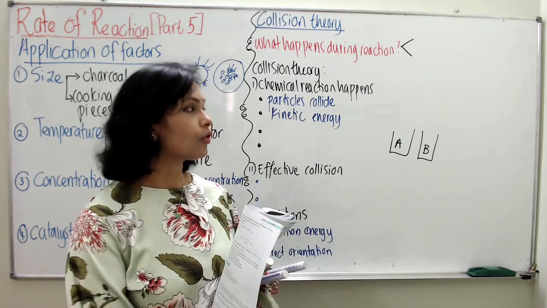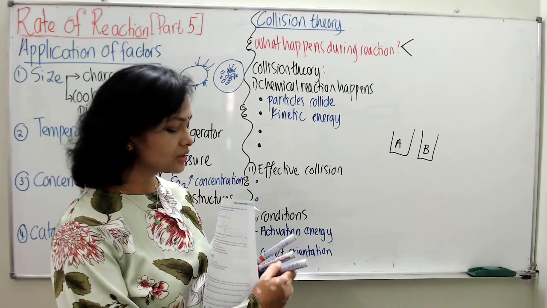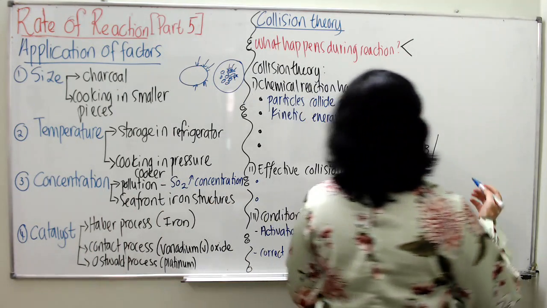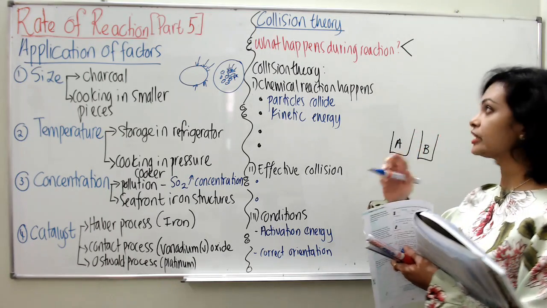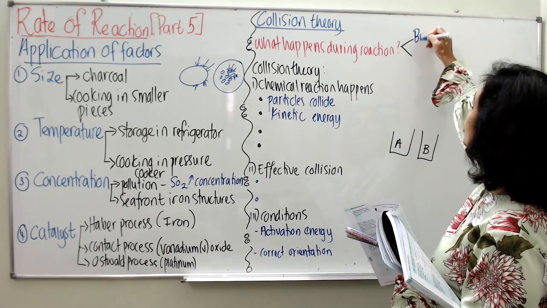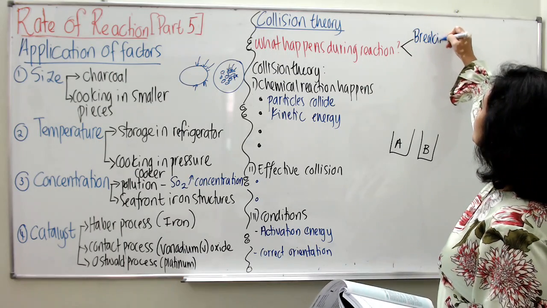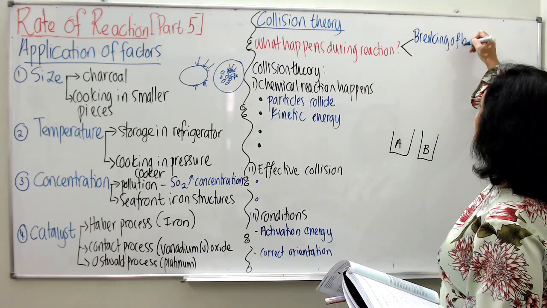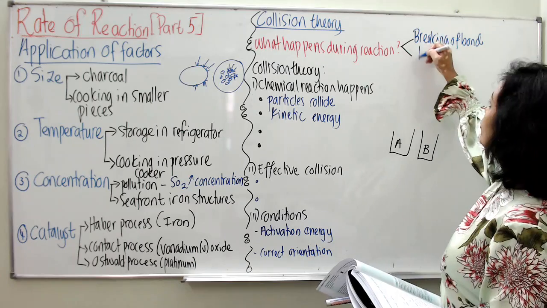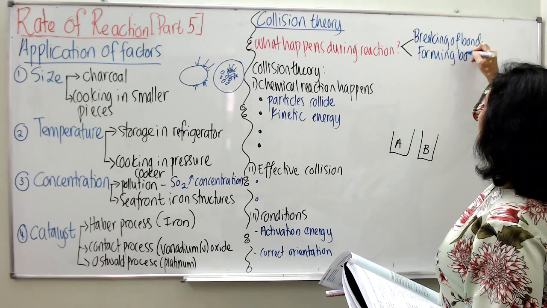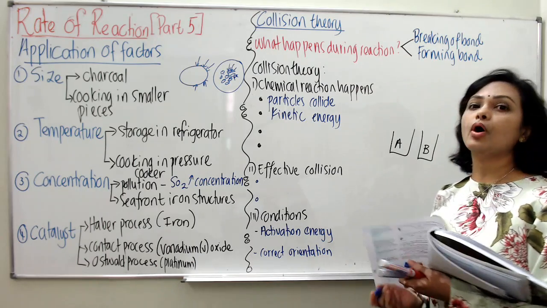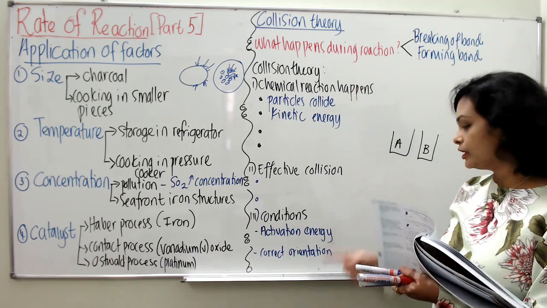So in order for a reaction to happen, the substances or the reactants have to go through two processes, which are breaking of bond and forming of bond. Okay, now in order to break the bond and in order to form the bond, very important.